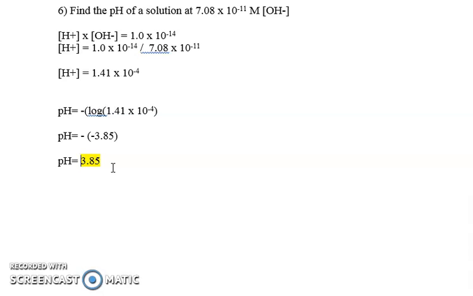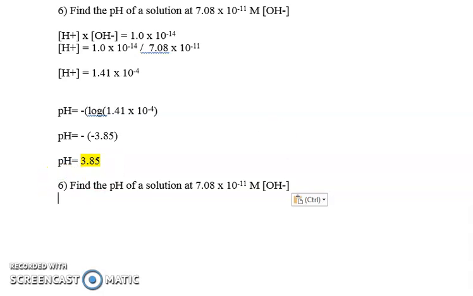So then, let me show you a different way of solving this same exercise. Let me just copy it here and scroll down a little bit. So again, we're given this same concentration, but instead of calculating the hydrogen concentration and going to the pH, why don't we calculate the pOH first?